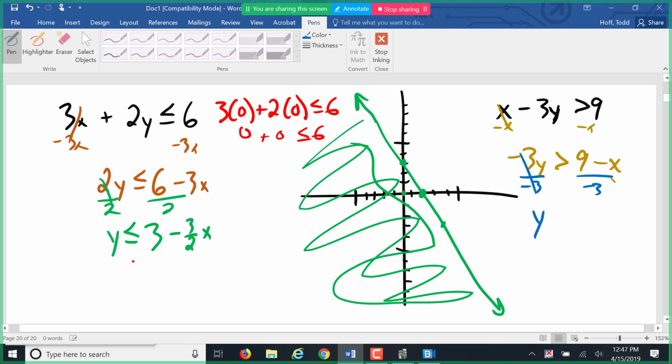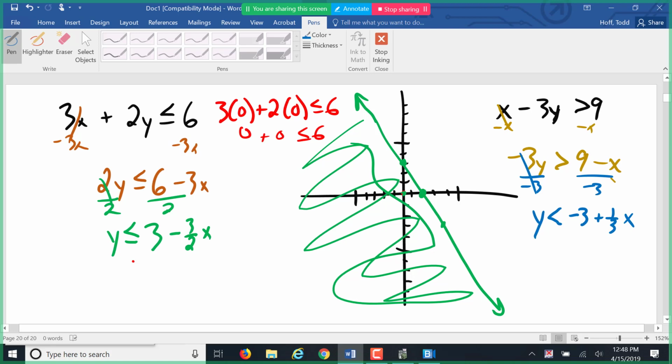So I've got y. What happens with our symbol? We flip it. Because we divided by a negative, it has to change directions. That gets flipped over. So 9 divided by negative 3 is negative 3. Negative x divided by negative 3 is positive 1/3 x.